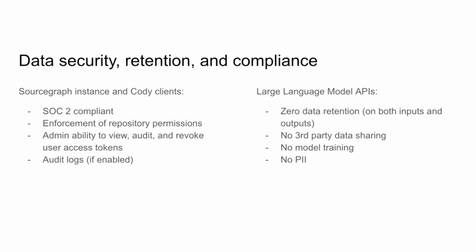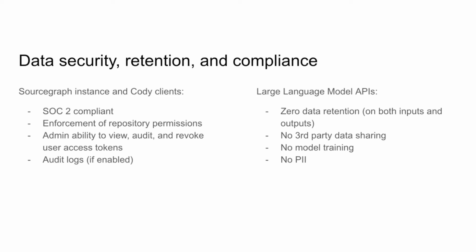The first is zero data retention. So both inputs or prompts and outputs or the results are not retained or stored by Anthropic. Those prompts are only processed for the duration of time needed to return the results to the user and then are permanently removed afterwards. There's also no other data sharing. So those inputs and outputs are not shared with any third parties for any reason.